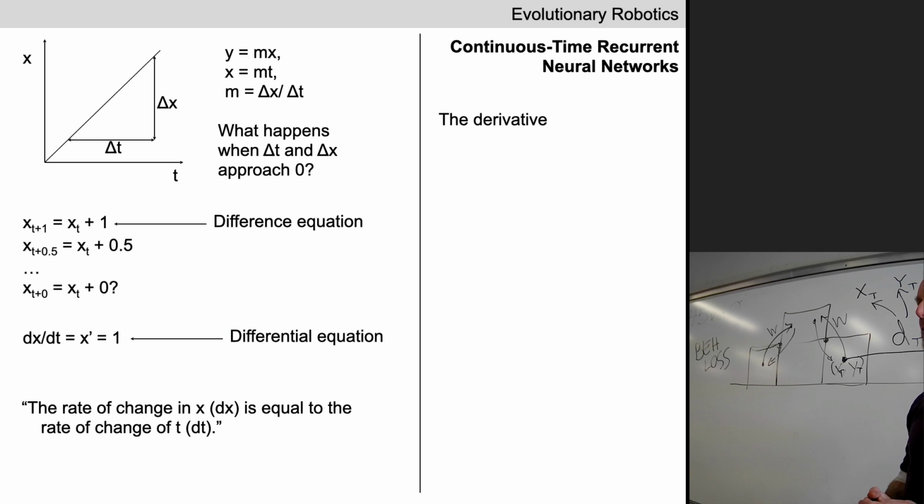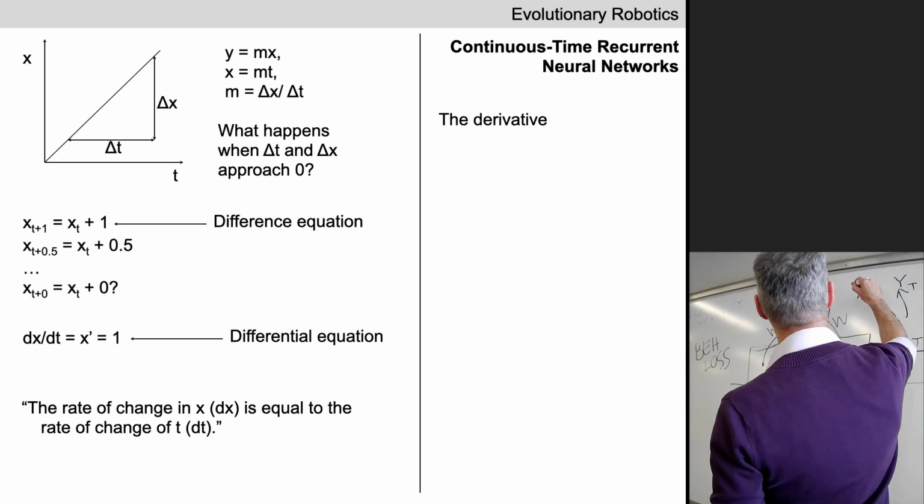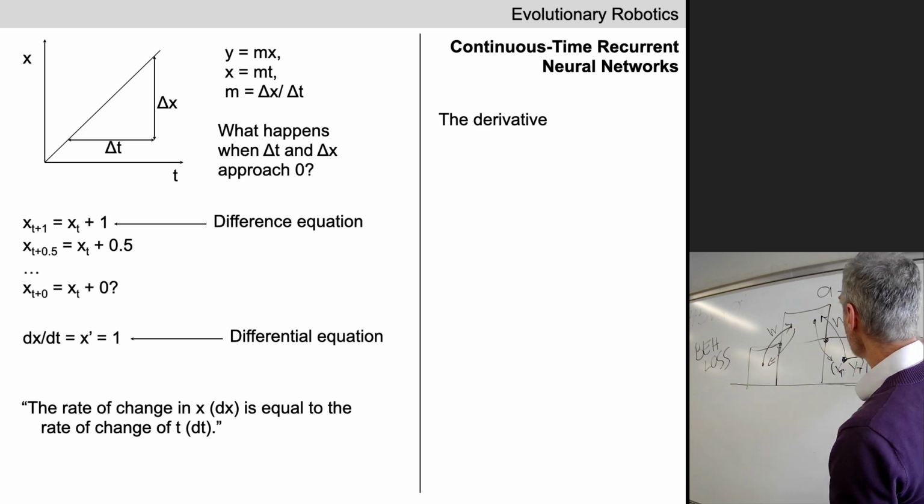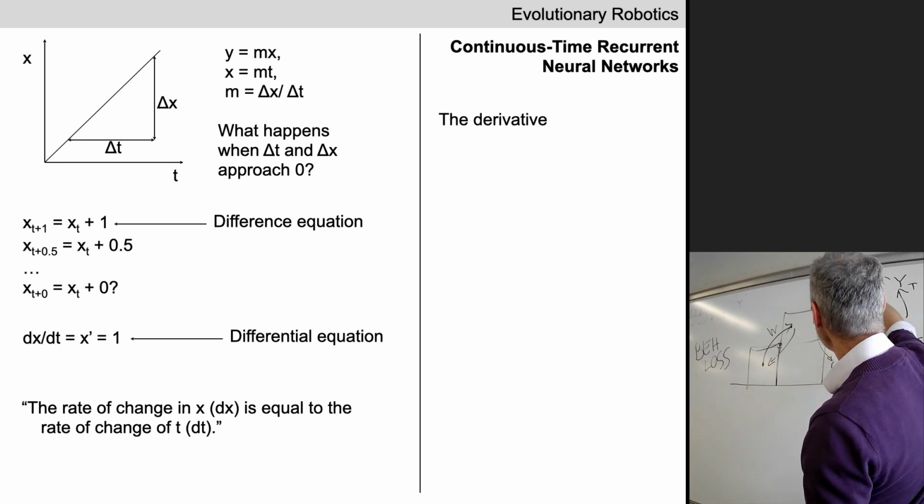Recall our lecture on physics engines. What's the main equation, a simple equation at the base of all physics engines? How do we compute new positions of objects at a given point in time? F equals ma. So these positions came from the acceleration at the previous time step.